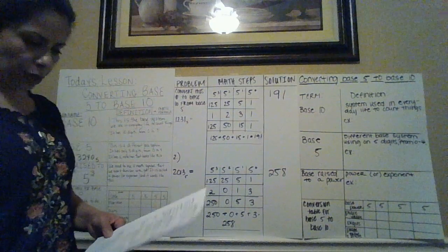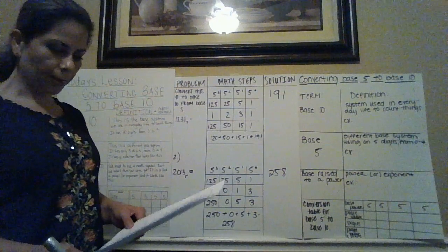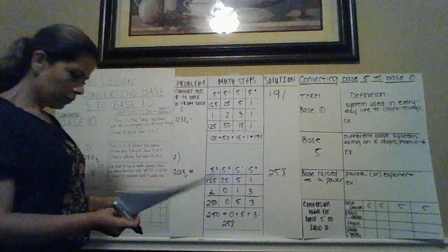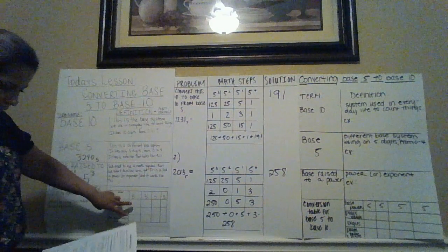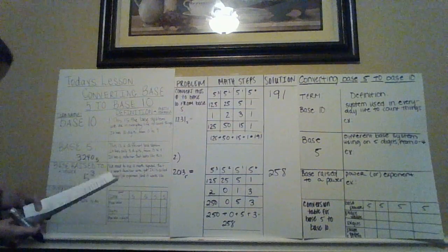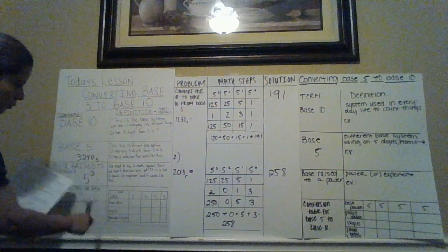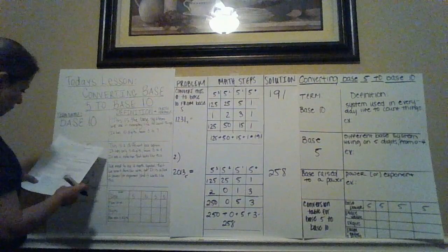Our next term is conversion table for base 5 to base 10. And we're going to be using this table to go over that. So in the first row, where it says base, we're going to put our 5s because those are our bases.